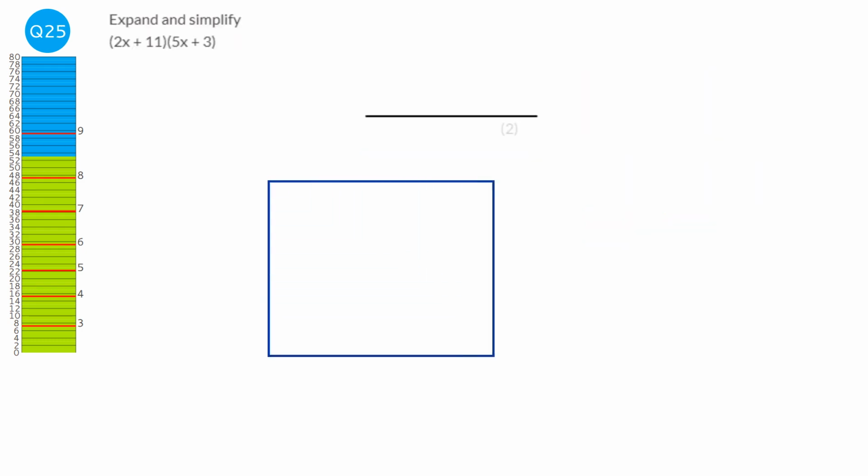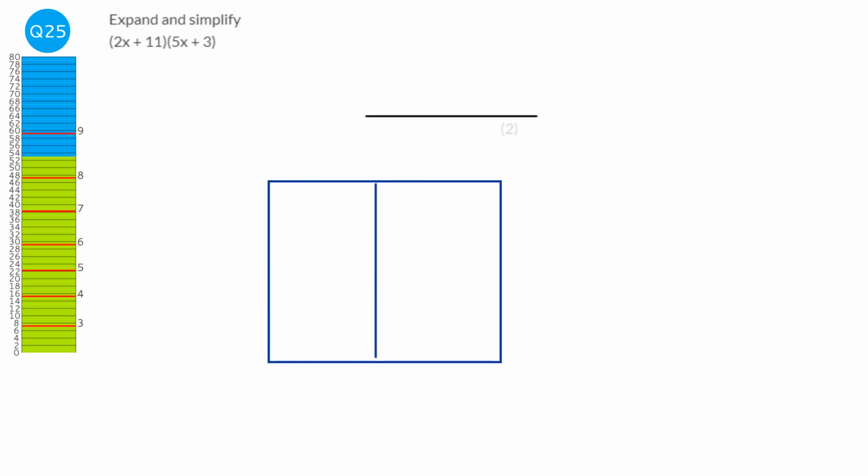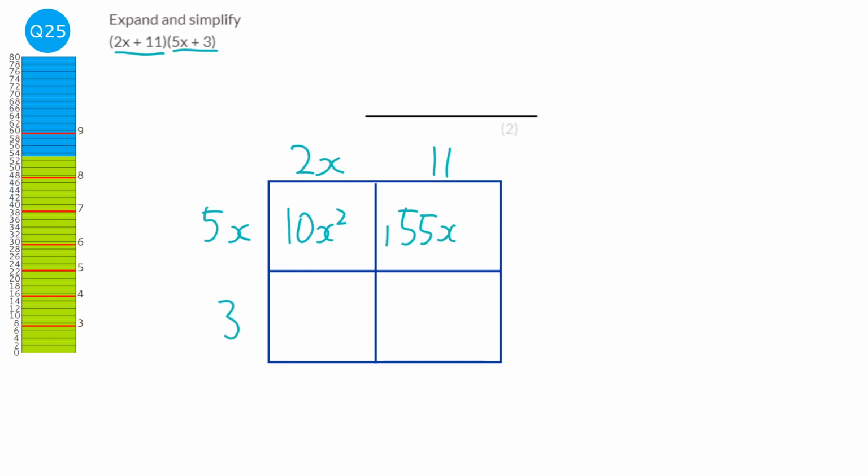So we're going to start by doing a multiplication grid, putting 2x plus 11 at the top and 5x plus 3 down the side. We multiply them out: 5 times 2 is 10, so 10x squared. 5x times 11 is 55x, positive. 3 times 2 is 6x, positive. 3 times 11 is 33, positive. Putting them together, we get 10x squared plus 55x plus 6x plus 33.